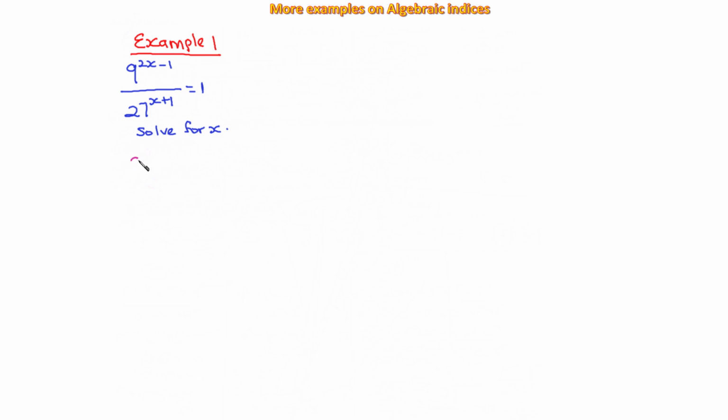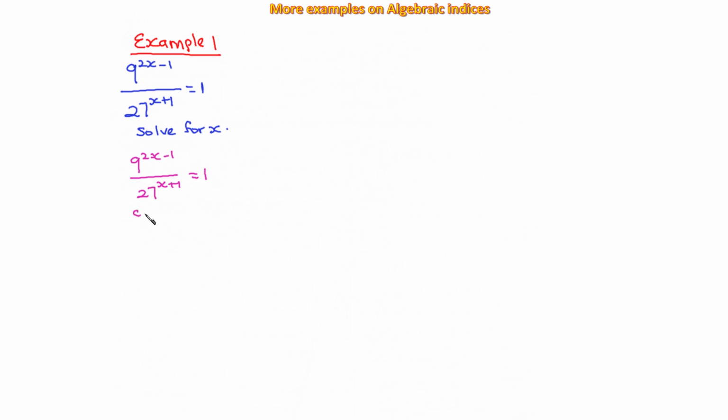You have 9 raised to power 2x minus 1 over 27 raised to power x plus 1 is equal to 1. I can use a lot of methods to solve this, but I'll break it down for you so you understand it. Let's cross multiply.